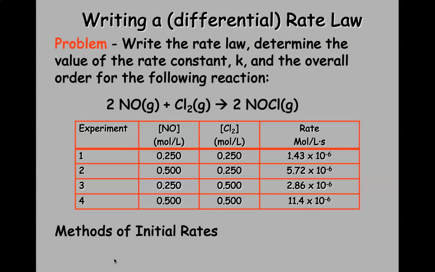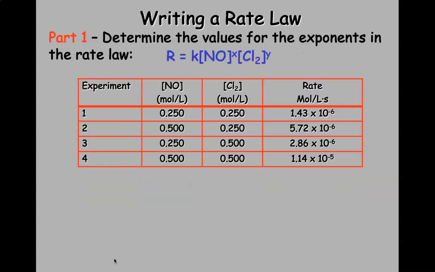Notice there's a 2 with NO and a 1 with chlorine in the balanced reaction, but this is not single step. So in my general rate law, I'm going to just have x and y, or any letters you want for your exponents.